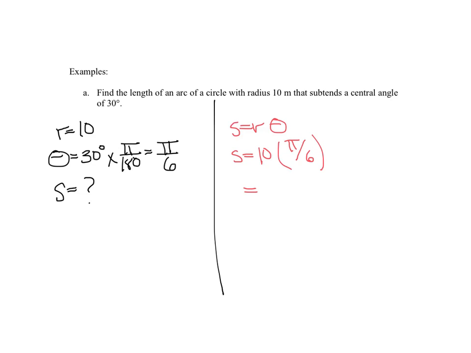So when I enter it into my calculator, I'm approximately getting 5.24, and my unit's going to be meters because it's talking about distance. So S equals 5.24 meters.